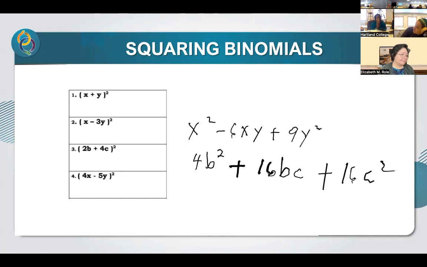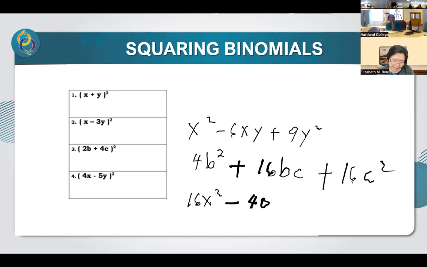Okay. The last one. 16x squared. Yes, minus 40. 5 times 4 is 20, times 2 is 40. 40xy, yes.